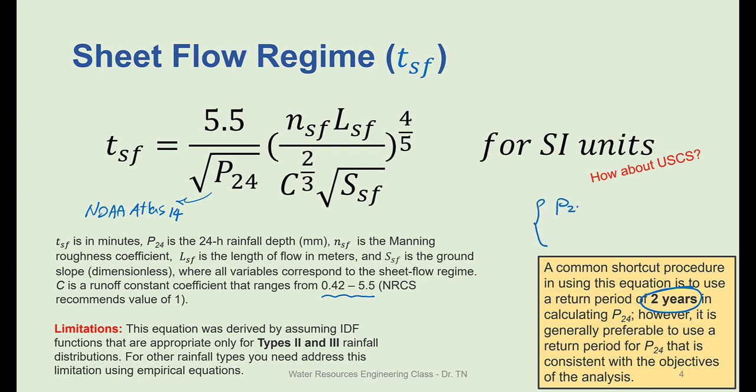P24, the 24-hour 2-year rainfall, should be in inches, and your length, the flow length, should be in feet. So we can change these two, and that would be it. The other variables are dimensionless. For example, slope doesn't have any dimensions, Manning's roughness doesn't have any dimensions, and C is dimensionless as well.